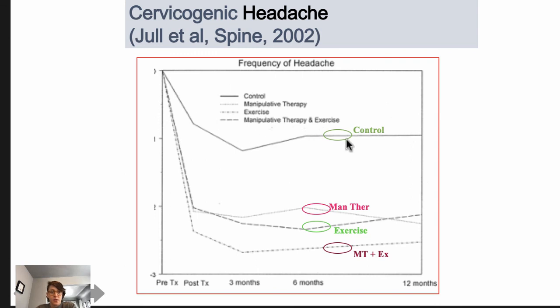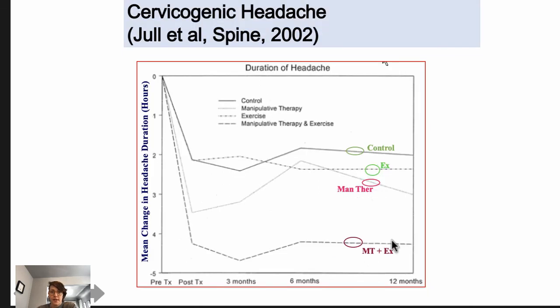Again, for frequency of headache, we see the control group here at the top, and the other groups clustering together. And then really for duration of headache, you see control group, exercise group, manual therapy group, and then that combined group really decreasing the duration in hours of the headache.